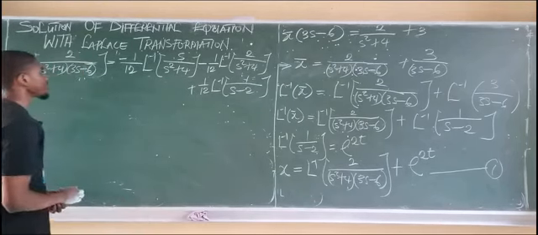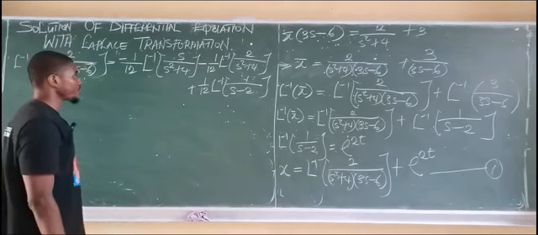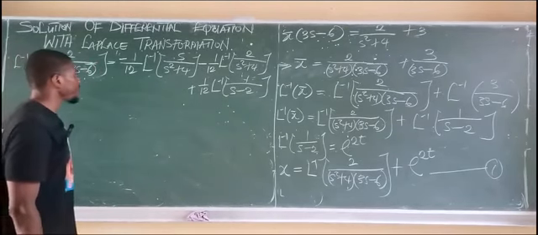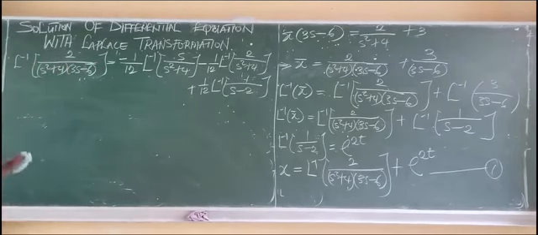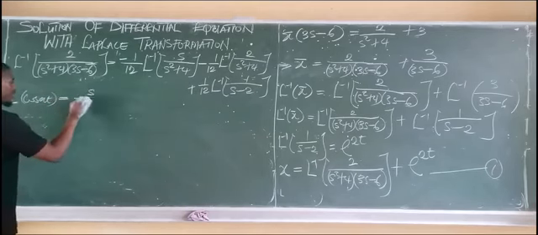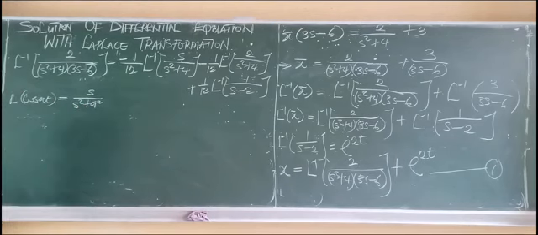All right, so from the table of standard values, we've already done that in our videos. Do well to watch all the videos from the beginning for proper understanding. Now, from the table of standard values, we said that the Laplace of cos at is simply given as s over s squared plus a squared.